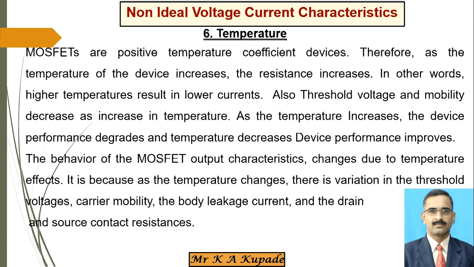Why is it happening? Because as the temperature changes, there is variation in the threshold voltage, carrier mobility, body leakage current, and the drain and source contact resistance. These are all affected by the increase in temperature.